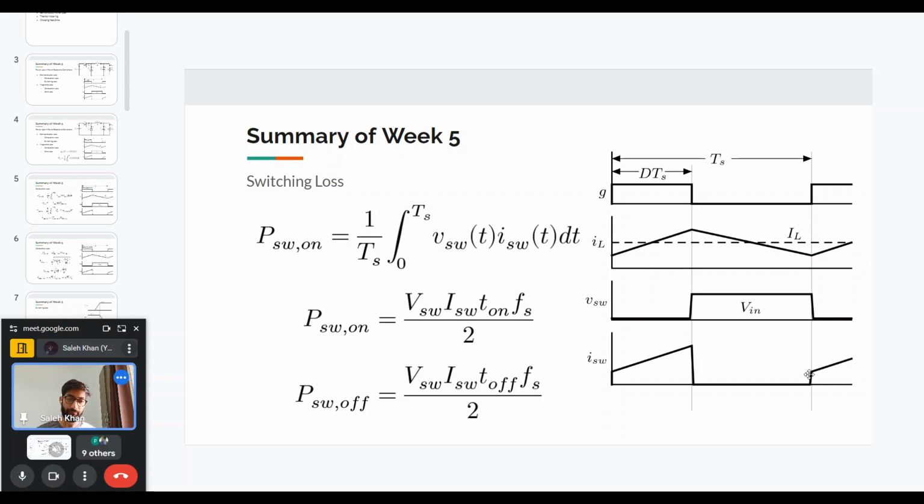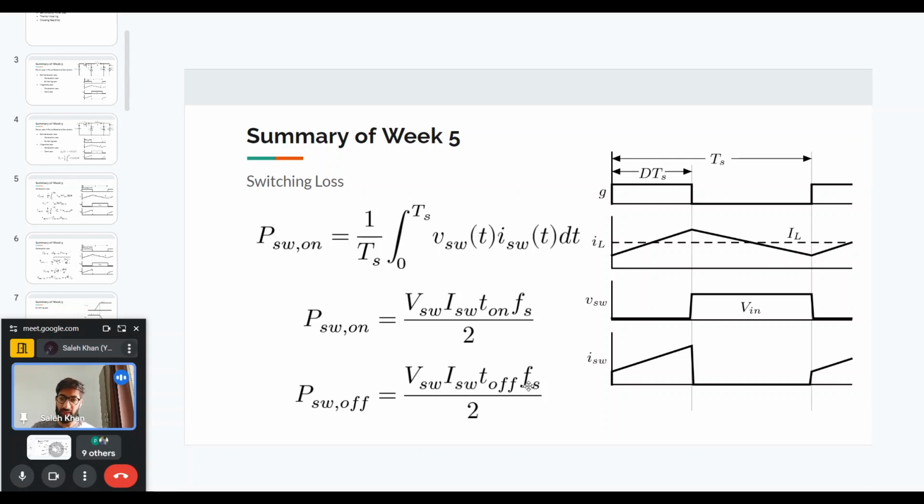For turn on, it is the inductor current average minus ripple by 2. So this I_SW also changes and depends on the interval. But again, if the ripple is small enough, we can approximate I_SW as I_L in both cases. We'll see what to take at which point.